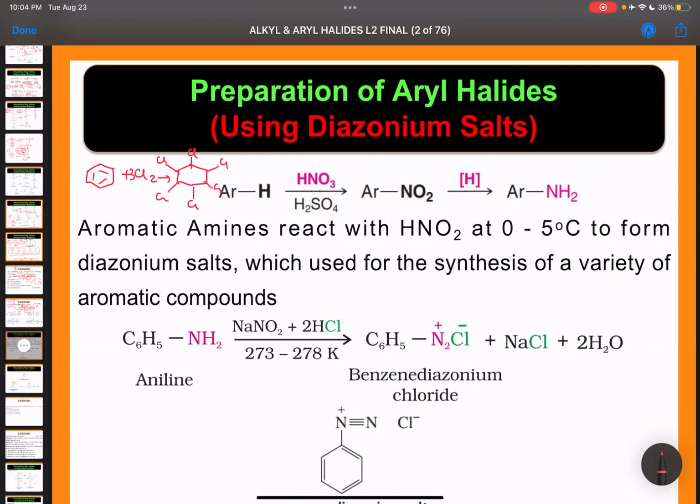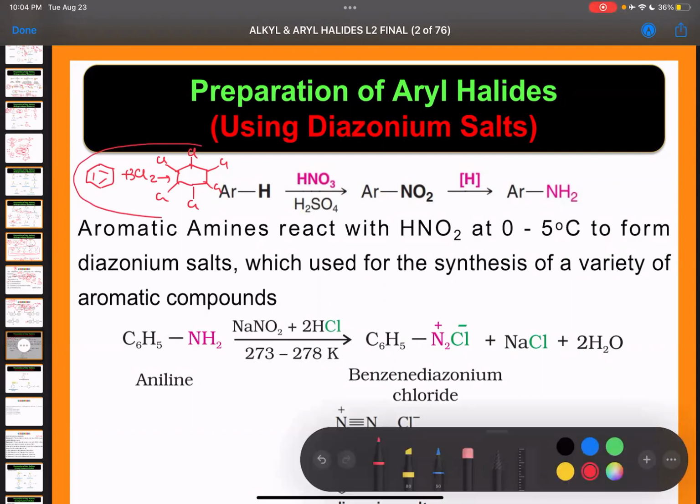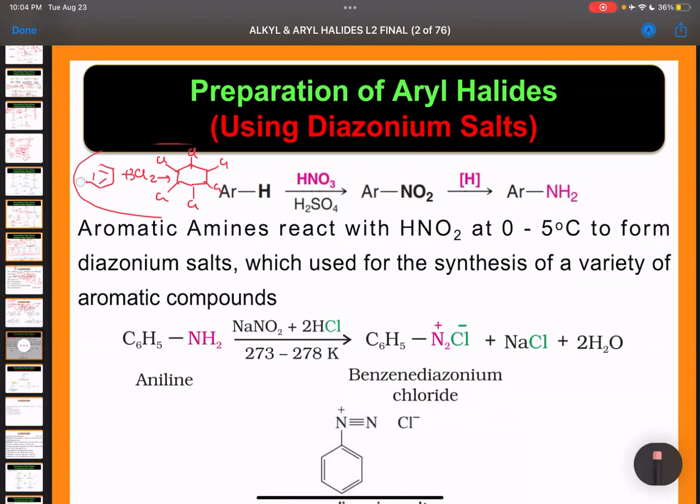Sir, can't we do it by just adding one molecule of Cl2 or Br2? Yeah, we can take that, but you can't control it. Because one mole doesn't mean one molecule. Even if you take 1 mole, you will have 6.022 into 10 to the power 23 molecules.